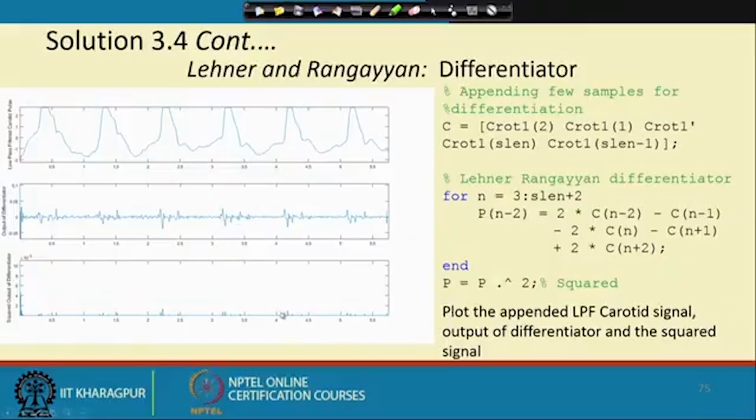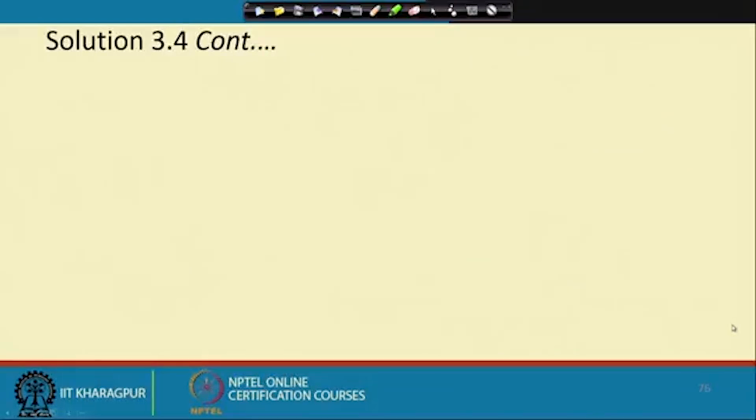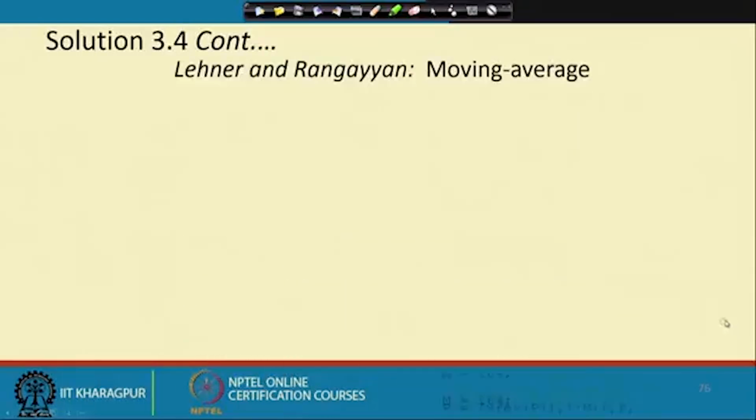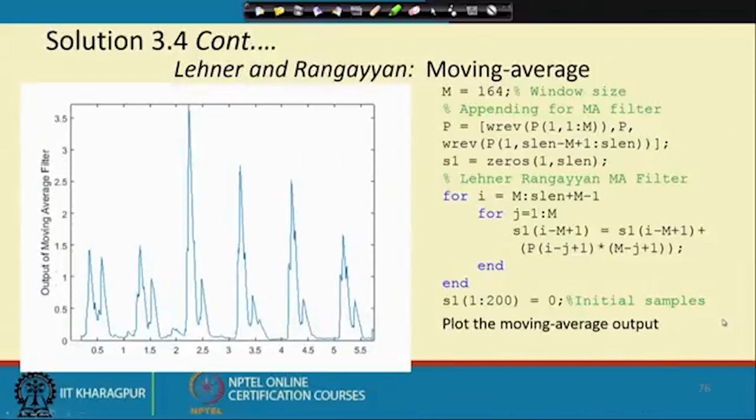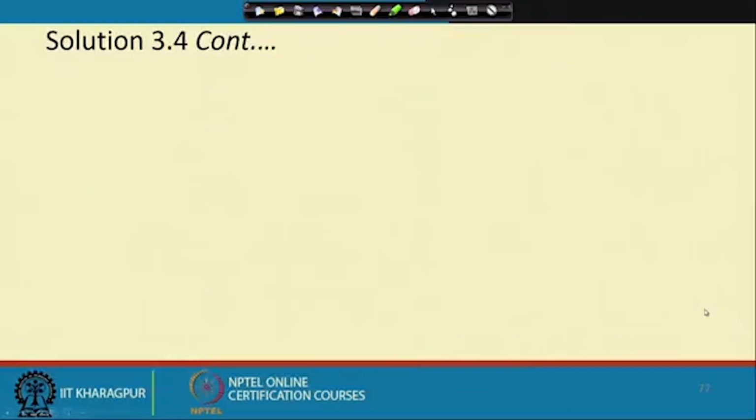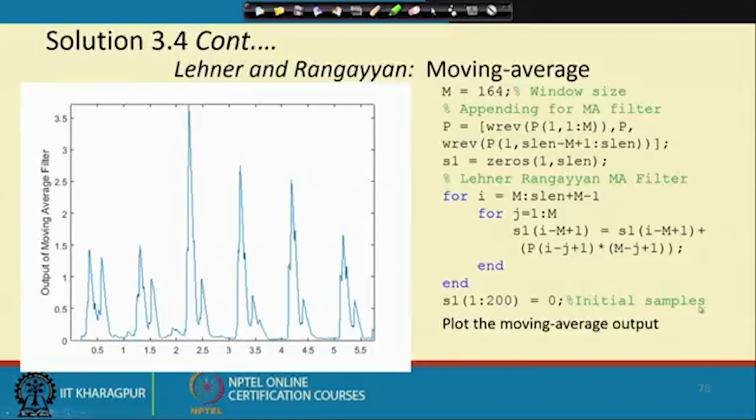All the signal has gone because of the differentiator, we get some pulses here, and after the squaring operation that becomes positive, we get some small pulses there, and next we apply a moving average, an MA filter, and that makes it easier to get these peaks.